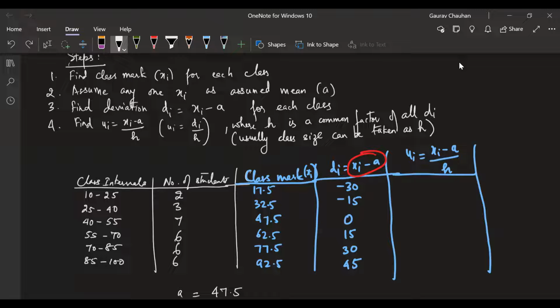So what I'm going to do here is divide everything by 15 and write it here. This is di only. I'm going to divide all of this by 15 and write it here.